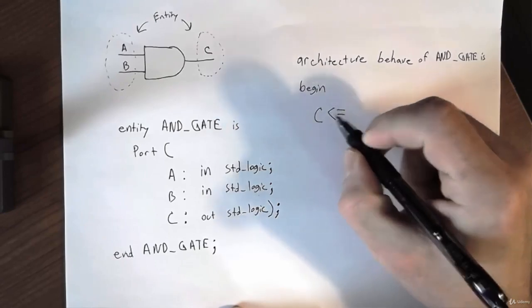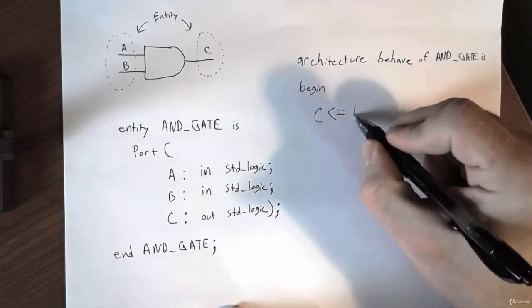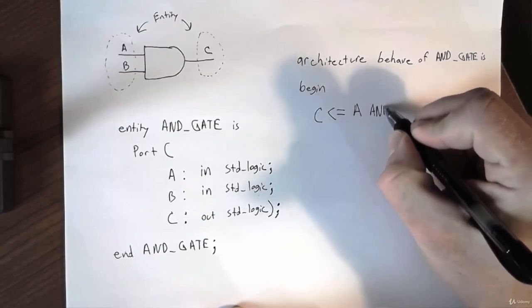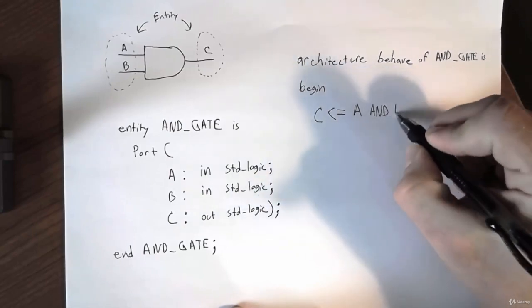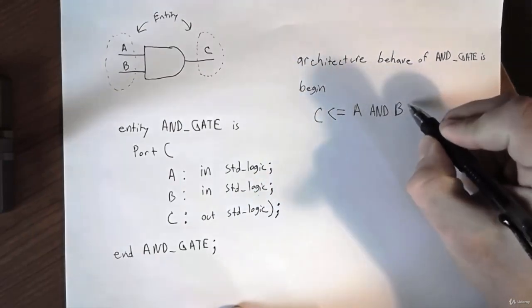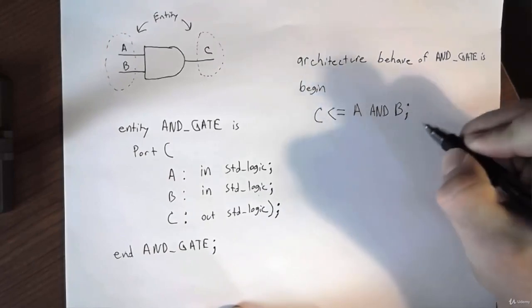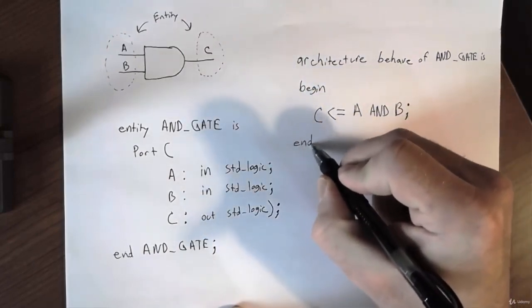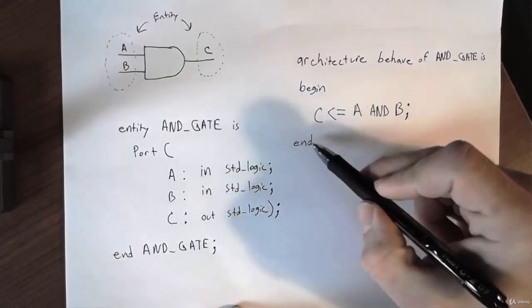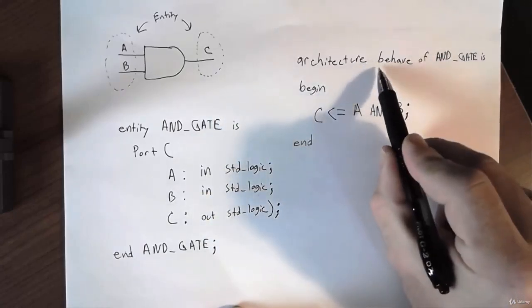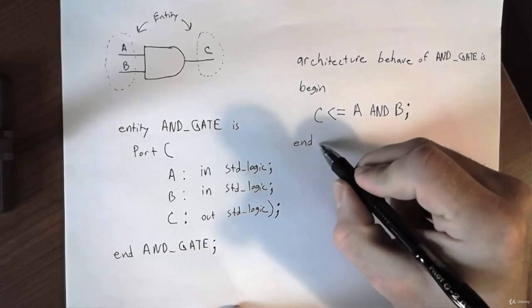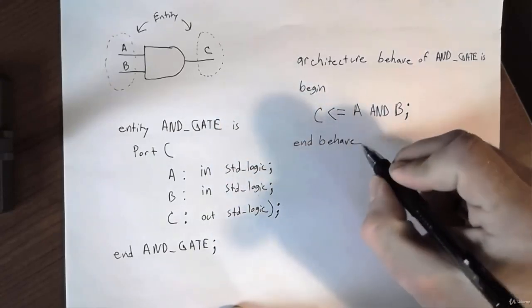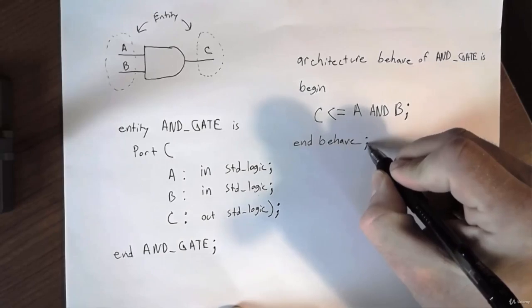So our C is going to be the signal assignment of signal A, logically ANDed, so we'll just do the AND keyword, with our signal B. And then we'll go ahead and close that statement with a semicolon. And then we'll do the end statement. So end, and here we want to give it the name of our architecture, which is named behave. So we'll say end behave and give it the semicolon.